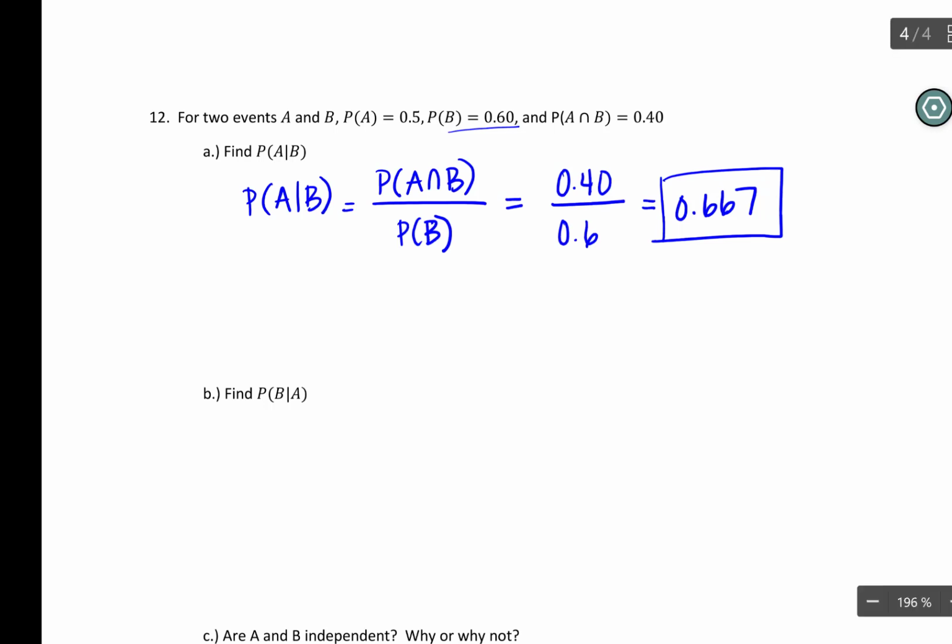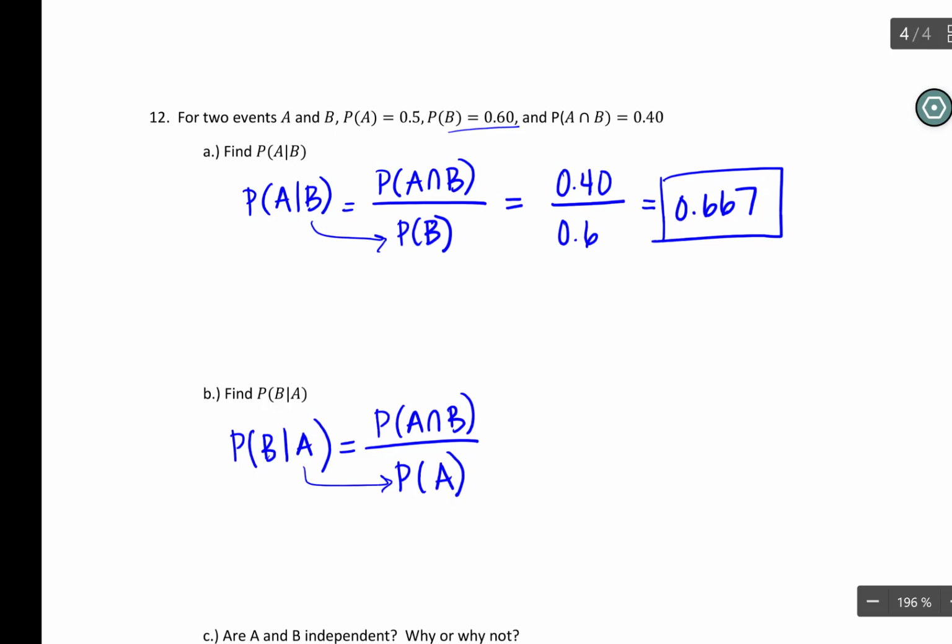So now we need to look at it the other way. We want to find the probability of B given A. So things change ever so slightly. But our equation now becomes the probability of the intersection of A and B, now divided by the probability of A. Sometimes it's tricky to remember which one goes in your denominator. Just look at the one that's listed second.